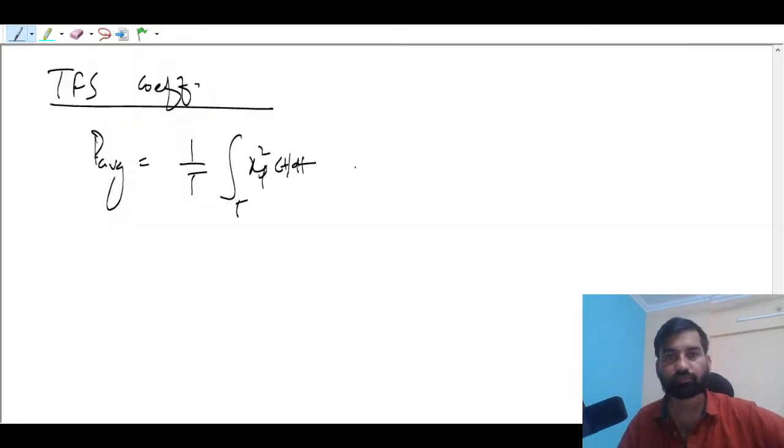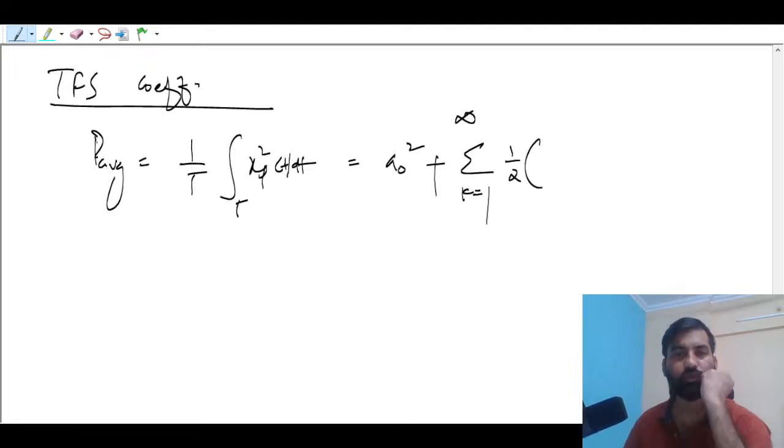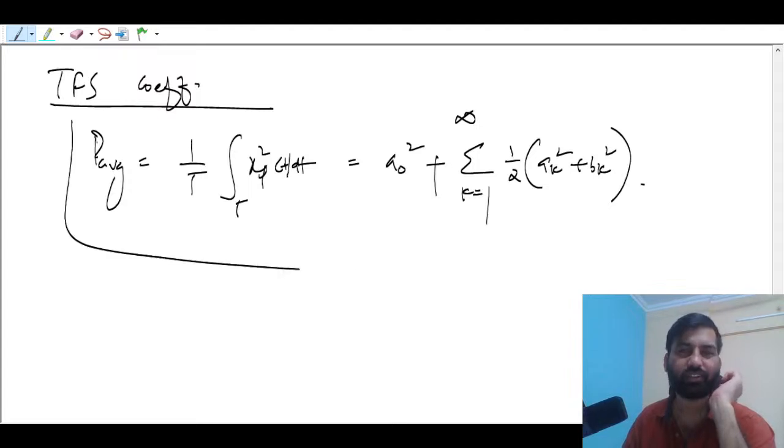Now the summation will be k from 1 to infinity, 1 by 2 (ak square plus bk square). That's very simple.